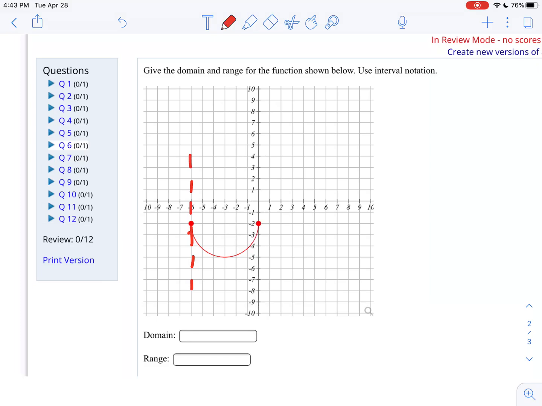Now, what if I drew the graph like this, if I drew these dotted lines like this, you're like, wait a minute, there's still a graph over here, right? So I'm just going to put these lines where the graph starts and ends for my x. So it starts at -6 and it ends at 0 for the x, -6 to 0. Okay, now I'm going to put brackets for both of these because they're closed circles.